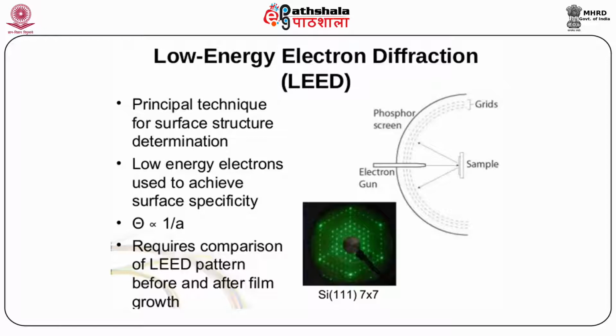A current in the direction of the diffraction maxima can be measured, and the results of this measuring are the so-called I-V curves, which means that the spot intensities are measured as a function of the electron energy. For curve interpretation, the dynamical approach is used, where the multiple scattering is taken into account.